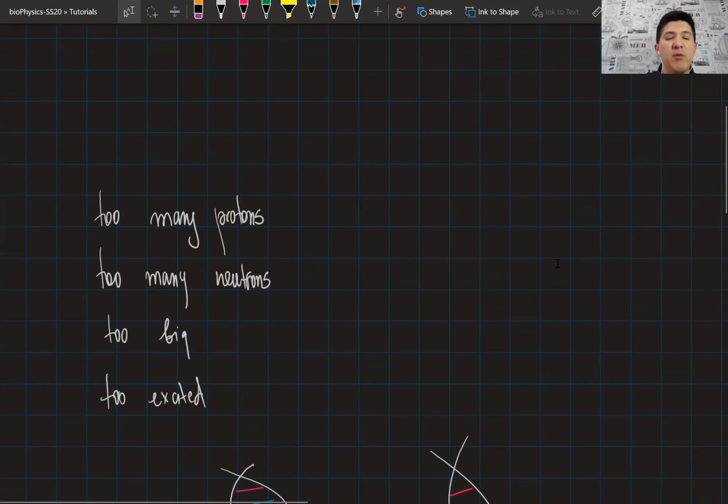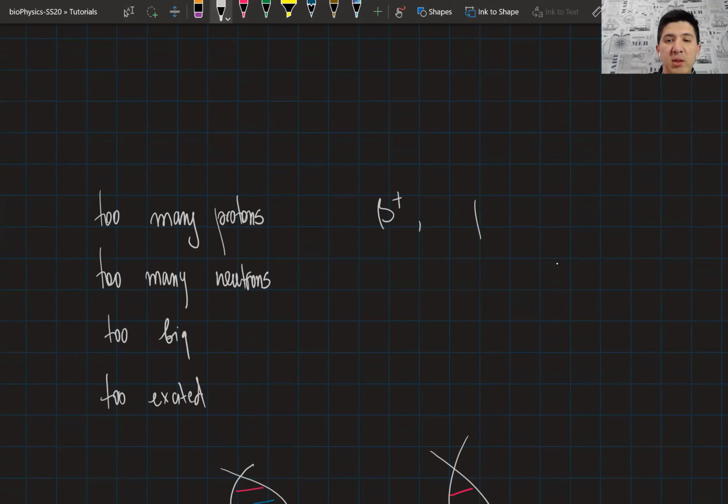So far, we know about 4 different instabilities, and different instabilities produce different types of radiation. If the nucleus has too many protons, it's going to emit beta plus radiation, or positrons with charge 1 and mass 0.